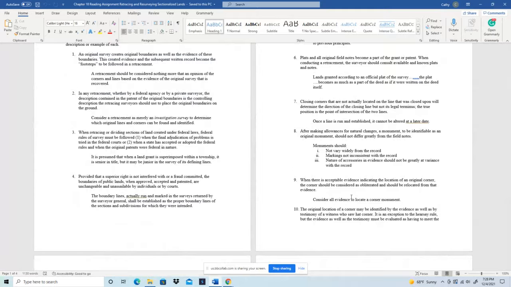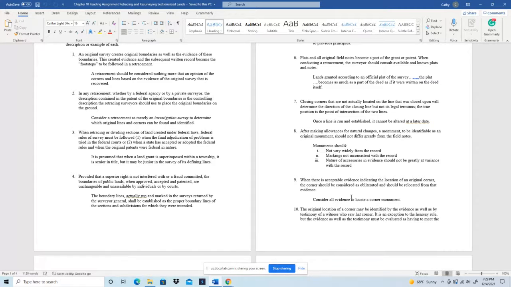Plats and all original field notes become a part of the grant or patent. When conducting a retracement, the surveyor should consult available and known plats and notes. So land granted according to an official plat of the survey, the plat becomes as much a part of the deed as if it were written on the deed itself. Principle 7 is closing corners that are not actually located on the line that are closed upon.